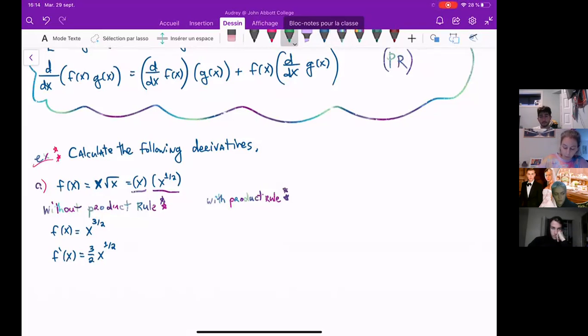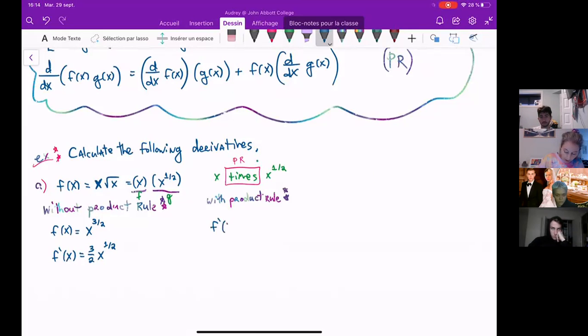I can see that I could rewrite this as x times x to the 1/2. And the fact that I have that word times in the middle there tells me that a product rule is a good idea. And I can identify these as the f and the g from my product rule. So I'm going to use some interesting notation here.